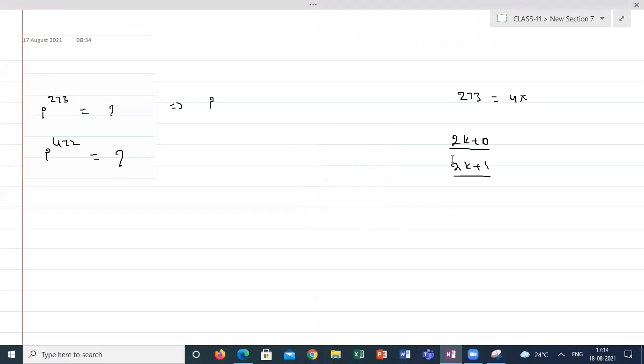If I am writing multiples of 4, what is the answer? 273 in multiples of 4. Guys, please respond. Arvind, Hamsini, Harshida, Vaishnavi. What is your answer? Sir, 4 into 32 plus 1.